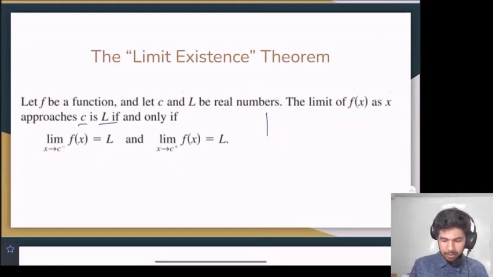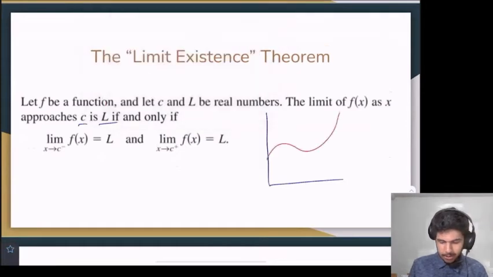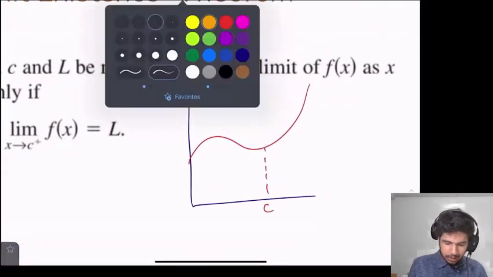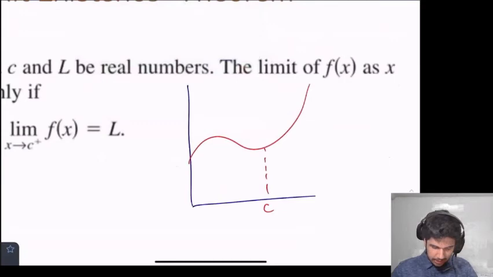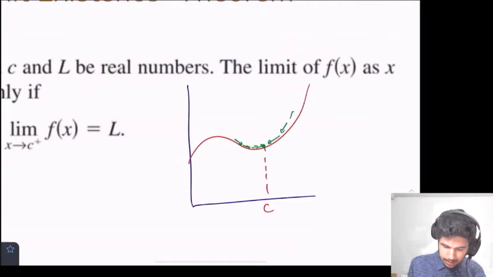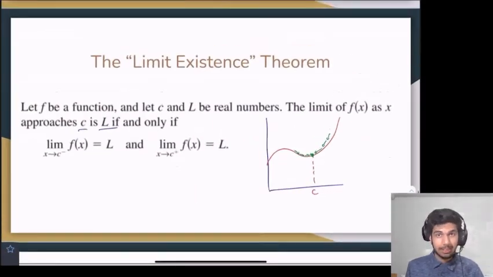If we have some graph here, just a plane, and some function, and we're assessing it at this point c, we want the limit as we come from the left-hand side to be the same as when we approach from the other side, which in this case it is. So that means the limit exists.